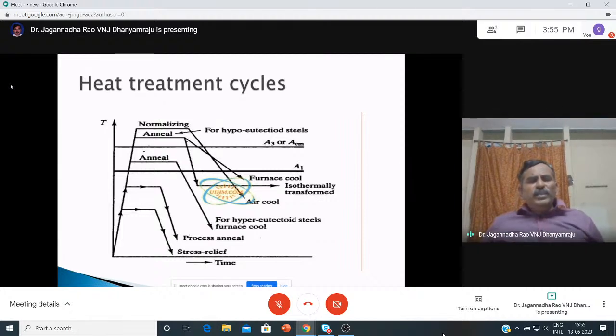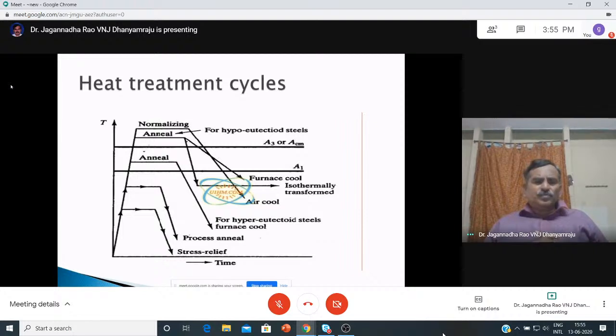Because of furnace cooling the temperature gradients are very small, the residual stresses are relieved, and distortion is relieved. It will restore the ductility. So annealing has three stages: heating very slowly, soaking for about 4 hours, and furnace cooling.